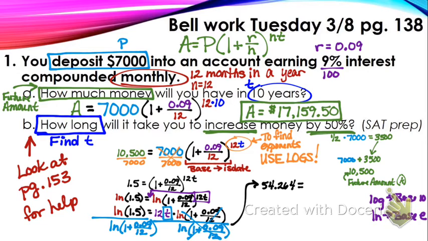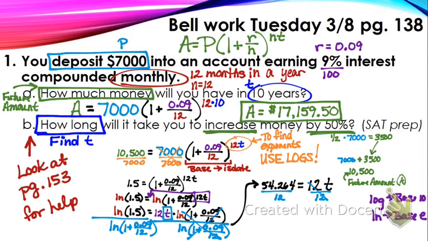That's equal to what? We canceled out the natural log of all this jazz. What's still over here? 12t is still there. How do I get the t all by itself now? Divide both sides by 12. So I'm doing 54.264 divided by 12.